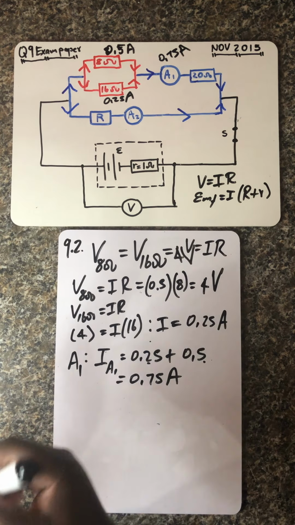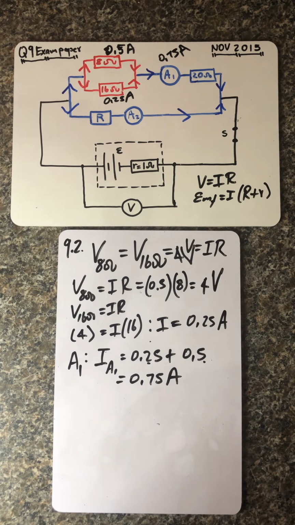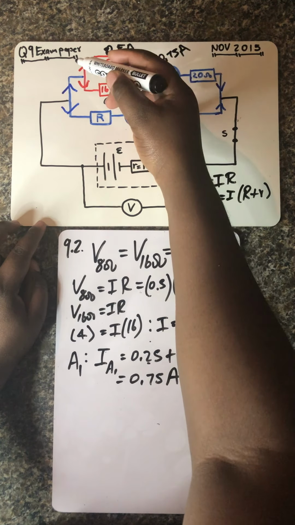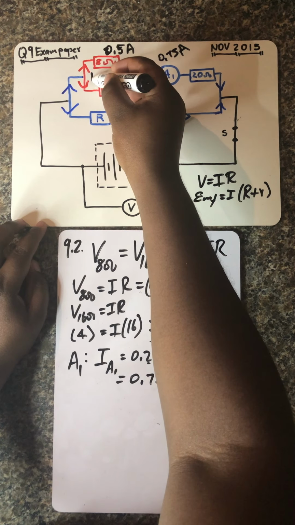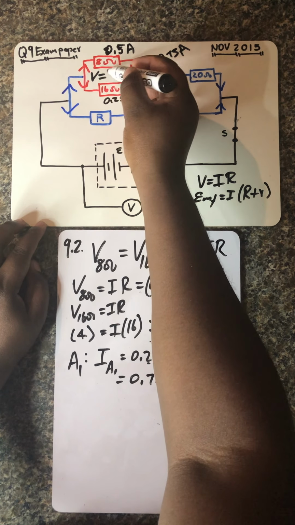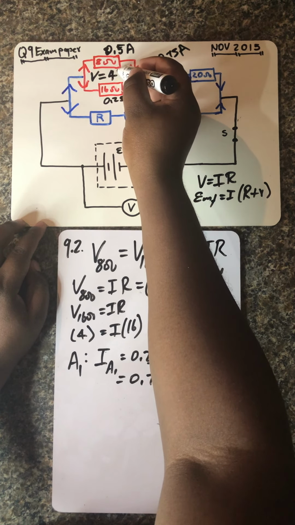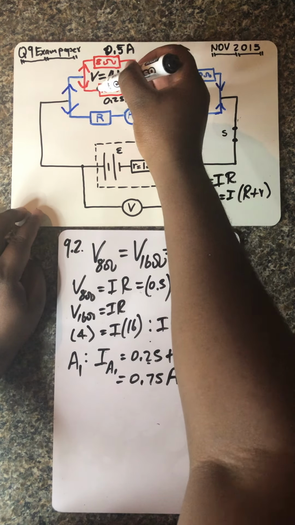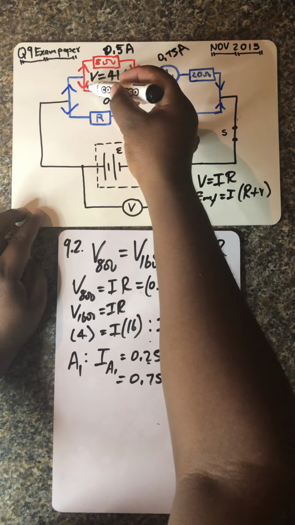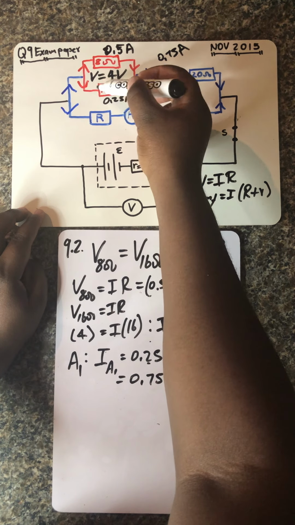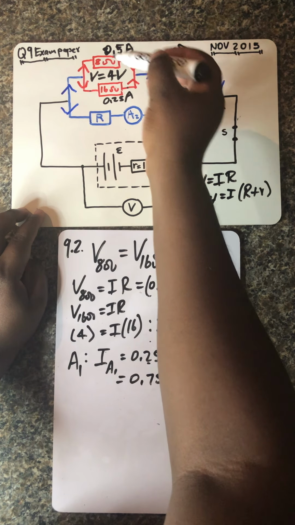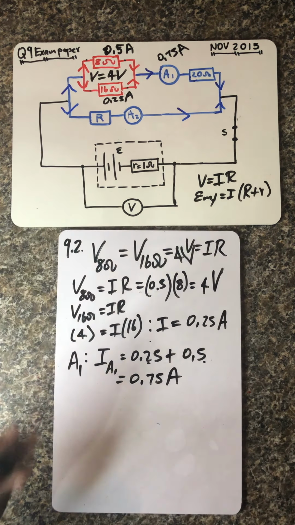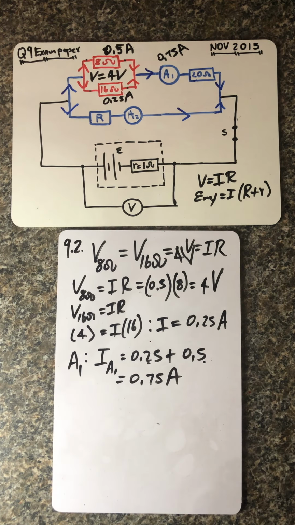Very important, guys. And again, we know the V there. Let me just write it there, but you'll remember that we didn't have that V, so that V is equal to 4 volts. I just wrote it there, but you know it's a V connected across the 16 ohms resistor, which is the same as the V connected across the 8 ohms resistor.